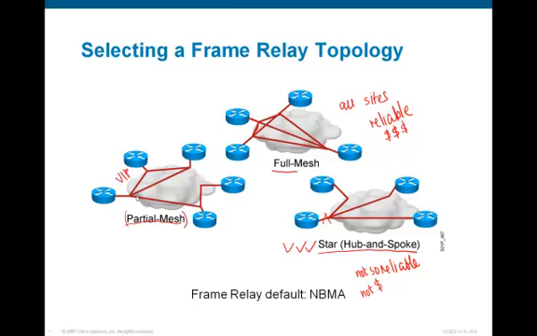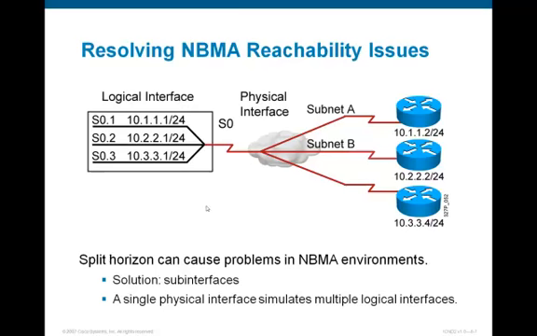Some VIP locations would require a fully meshed connection, while other, not so VIP locations will have hub and spoke connectivity. Now, as we have mentioned, hub and spoke is the most common deployment solution when setting up a frame relay topology. But one thing to remember is that a hub and spoke topology can sometimes create routing issues.